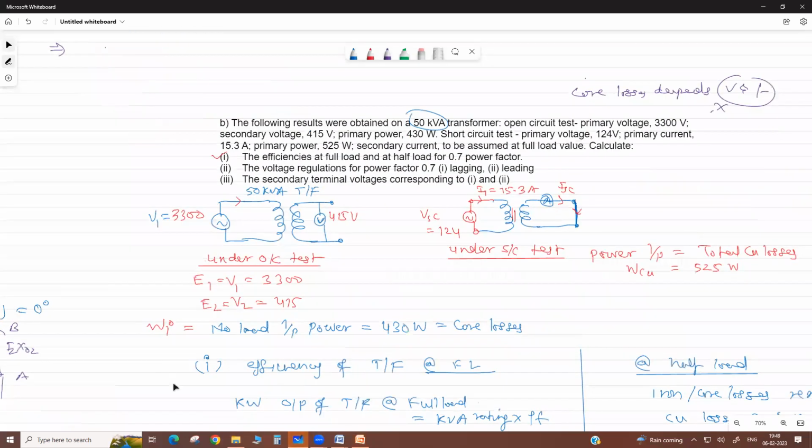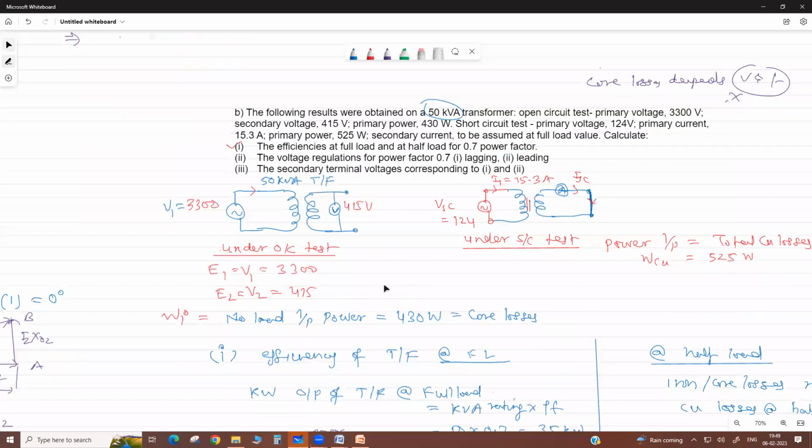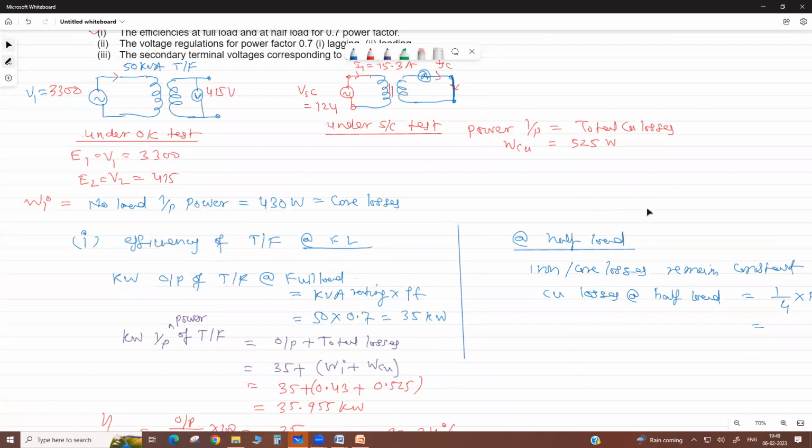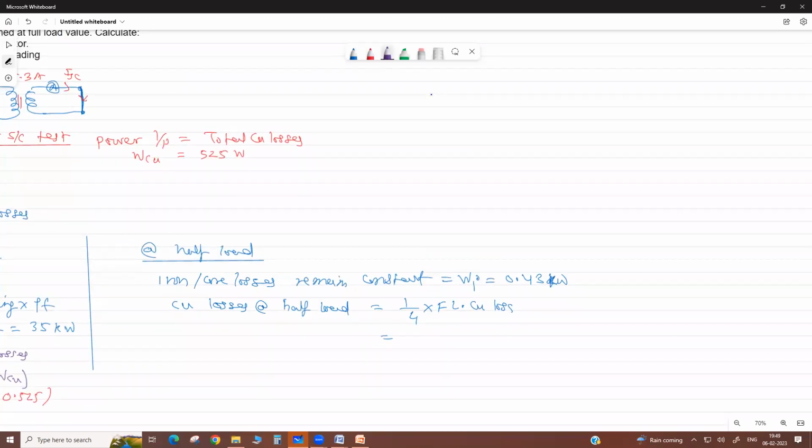And you know why this becomes 1/4? Suppose you calculate the full load current of the transformer. What is the load current?